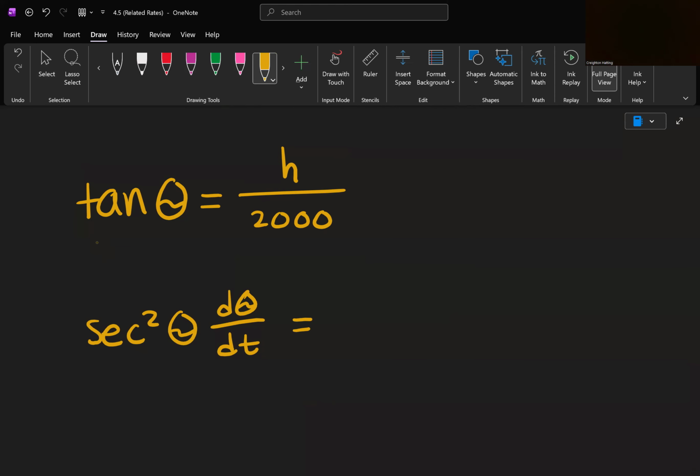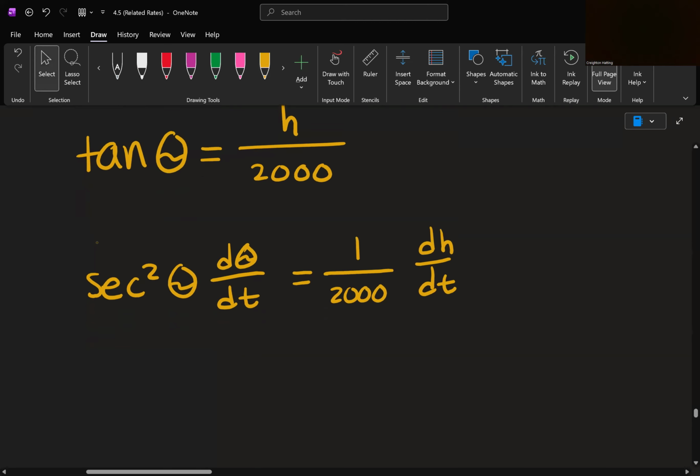Now, save yourself the work. Don't do quotient rule here. This is really just the power rule. If I take that 1 over 2000 off to the side, I really just have an h. So I really am just going to have 1 over 2000 dh/dt. If that step did not make sense, please rewatch or otherwise make sure that you understand that step.